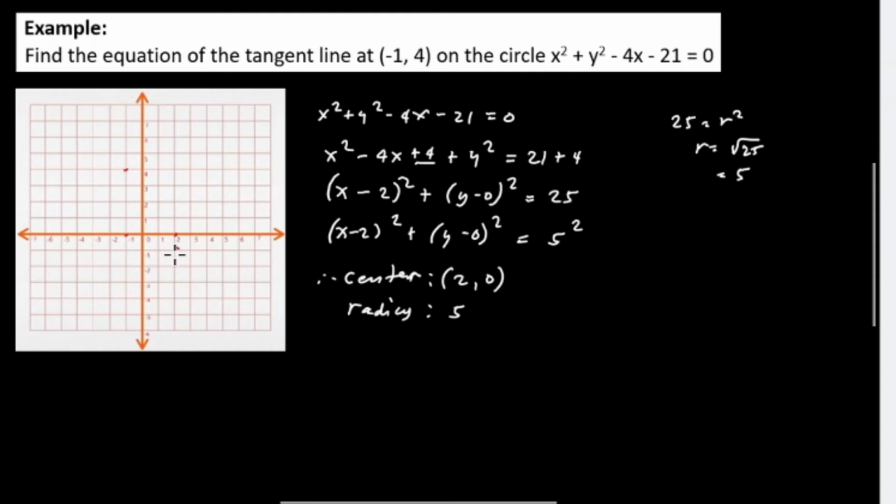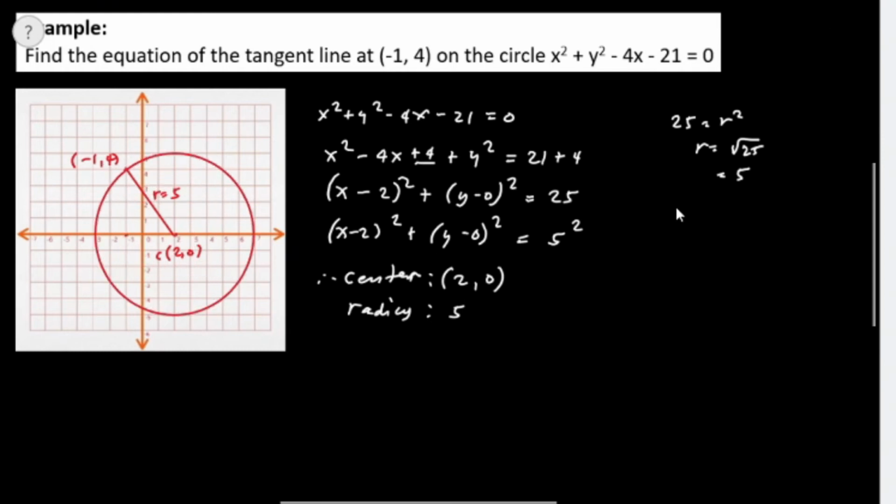And this is the center, (2, 0). And we have the point (negative 1, 4). We connect the line between the center and the point (negative 1, 4), which is a radius of 5, and we form the circle.